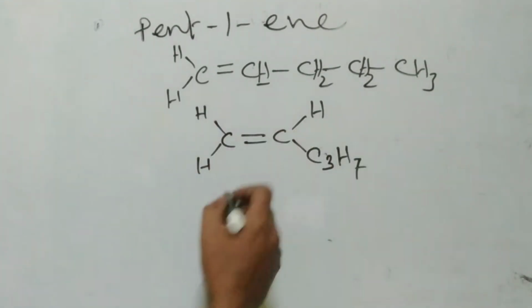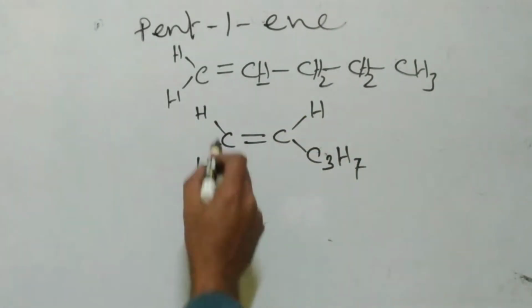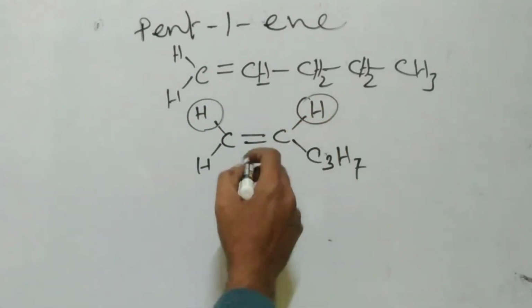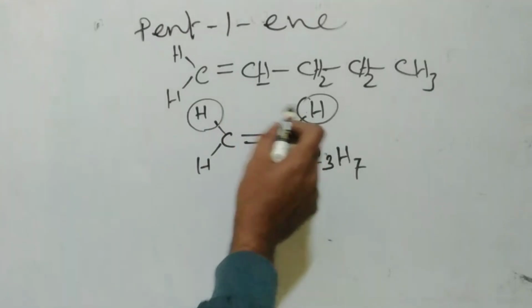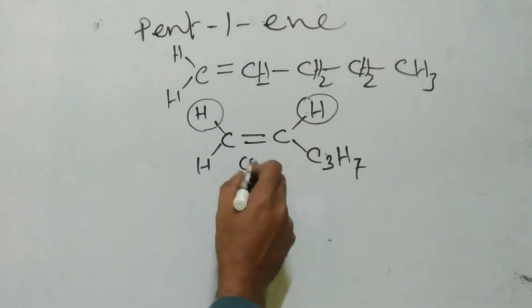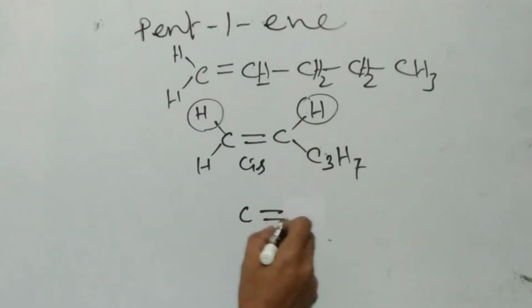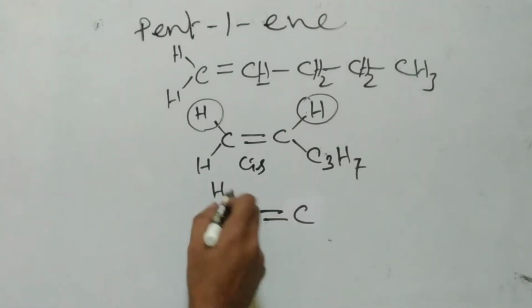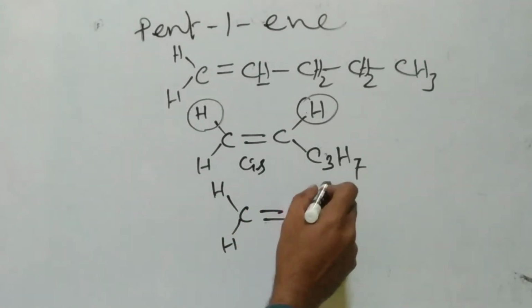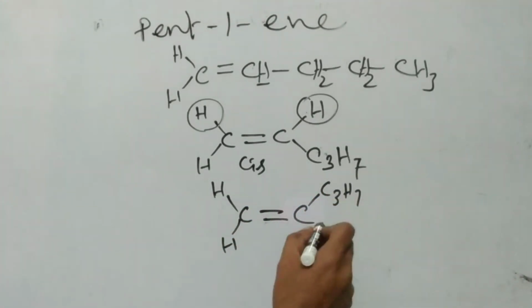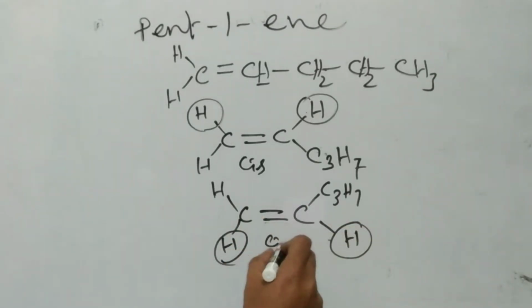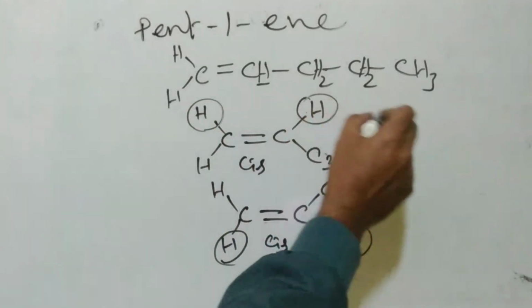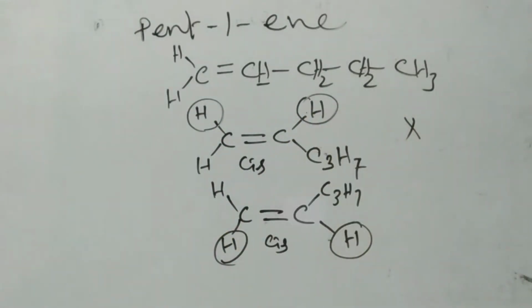By changing the position here, the same group on the same side, or the same group in the opposite side also, this will be cis, and if you write in this manner, hydrogen, hydrogen, C3H7 and hydrogen, this is also the same thing. This one is also cis. So the compound pent-1-ene should not have any geometrical isomers.